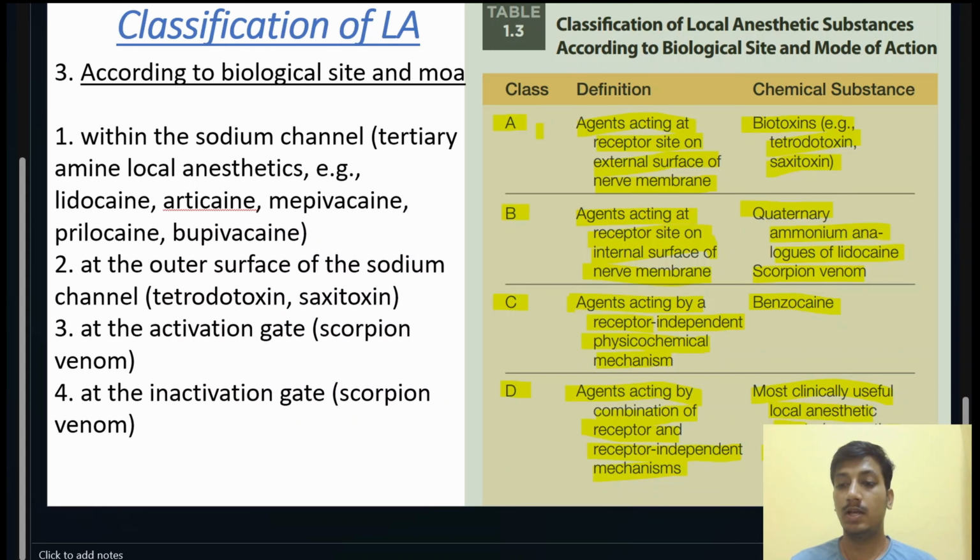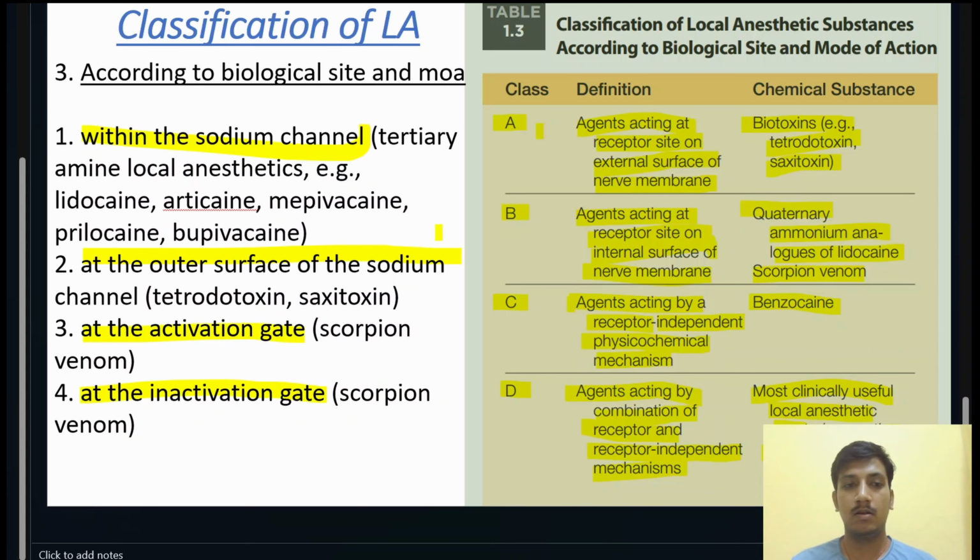The most used LAs are articaine and lidocaine, which fall under class D, which acts by a combination of receptor and receptor independent mechanism. Here we can also see the same process within the sodium channel: at the outer surface of the sodium channel, at the activation gate different venoms, and at the inactivation gate different scorpion venom act.